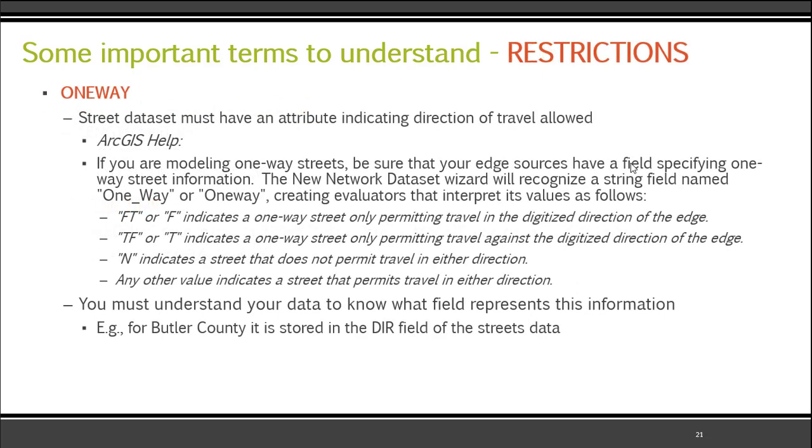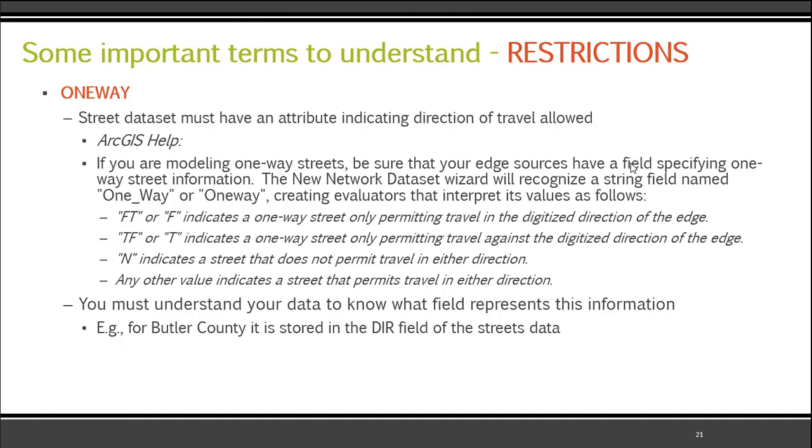All right, so for restrictions, the most common restriction is one way. If you're building your own network, once again, you need to understand how to build that one-way field. Sometimes your roads data set will have a field called one-way, and you just need to understand the different ways that it identifies travel direction along that particular road.